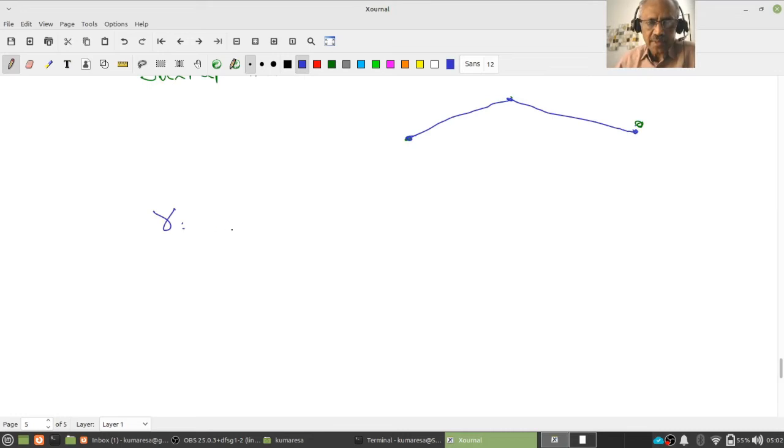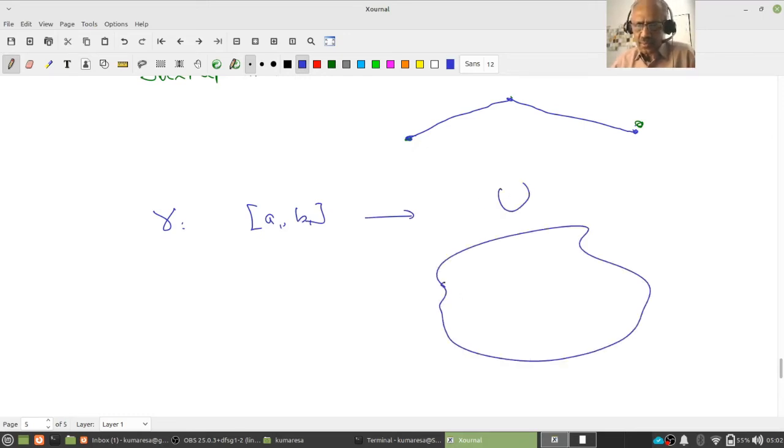Suppose gamma 1 is defined from A1 to B1 to some open set U. This is my A1, this is my B1, and this is gamma 1 of A1, this is gamma 1 of B1. Now gamma 2, I'm just drawing the picture. A2 to B2 may be like this.